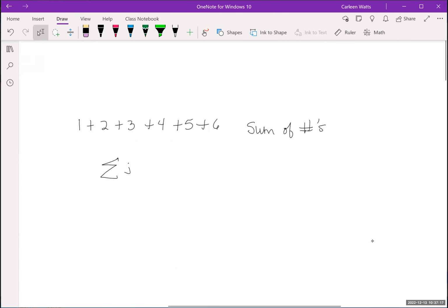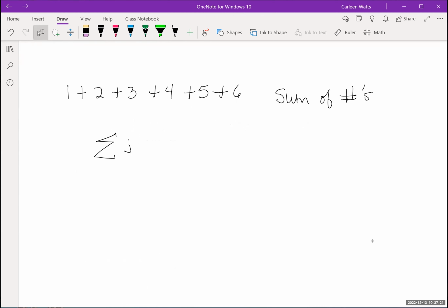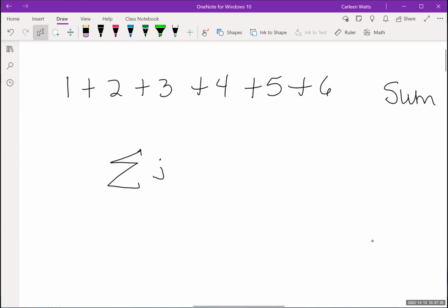Okay. So let's talk about adding the numbers 1 through 6. This is sigma. So sigma, n goes from 1 to 6.